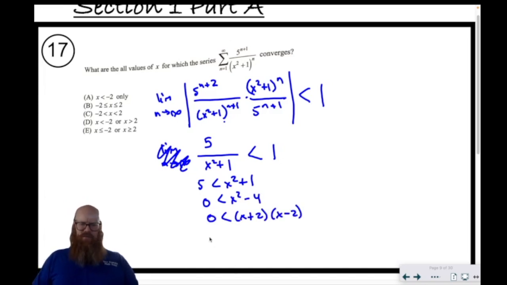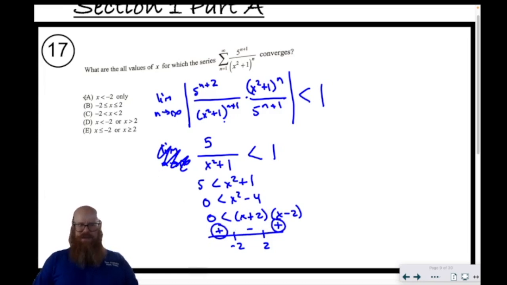And if I think of a little sign analysis, I get negative 2 and 2. And when I sub that in here, I'm going to get plus, minus, plus. Right, so a number to the left of negative 2 is going to make these both negative. In between, only one of them, and to the right, both of them positive. So now I want to know when it's positive, so that's here and here.